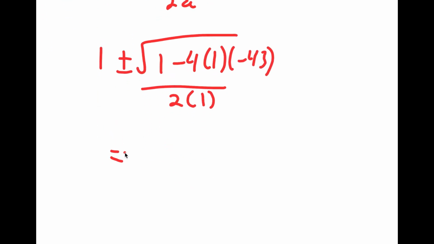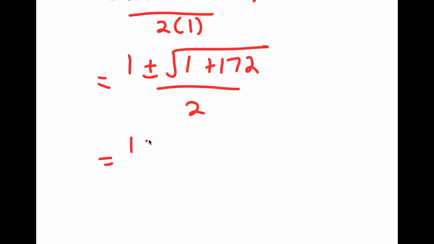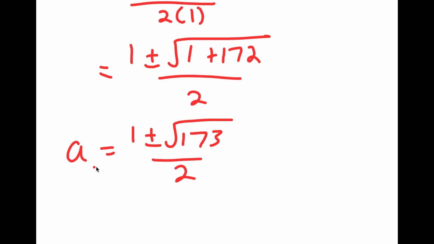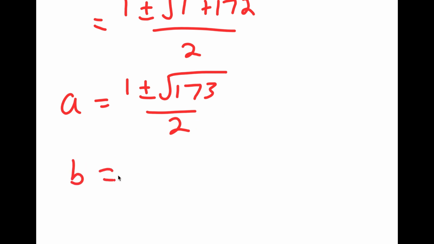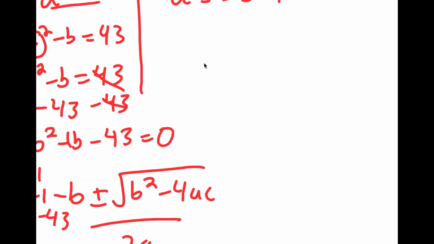And now this is equal to 1 plus or minus the square root of 1 plus 172 all over 2, which is equal to 1 plus or minus the square root of 173 over 2. Meaning that a is equal to this, and so is b. So this is one solution of our system of equations.